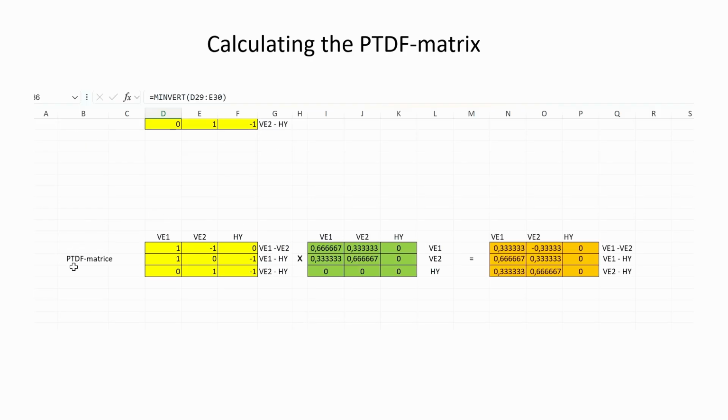Now we are ready to calculate the power transfer distribution factor matrix. We just have to multiply the line susceptance matrix with the bus reactance matrix, and then we get this matrix here, which is the power transfer distribution factor matrix.